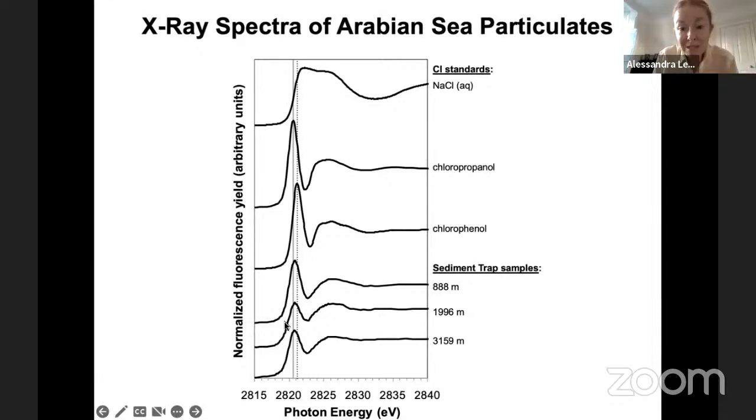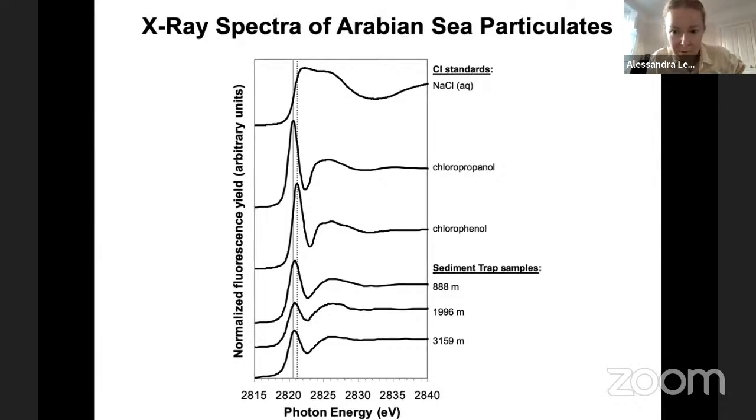And once all of the chloride is washed away, the sediment trap material had this beautiful organochlorine transition. You can see how these three spectra look like the organochlorine standards that I just showed you. And I'm just showing you three representative depths from the water column, but all of the spectra looked very similar for the sediment trap samples that we looked at.